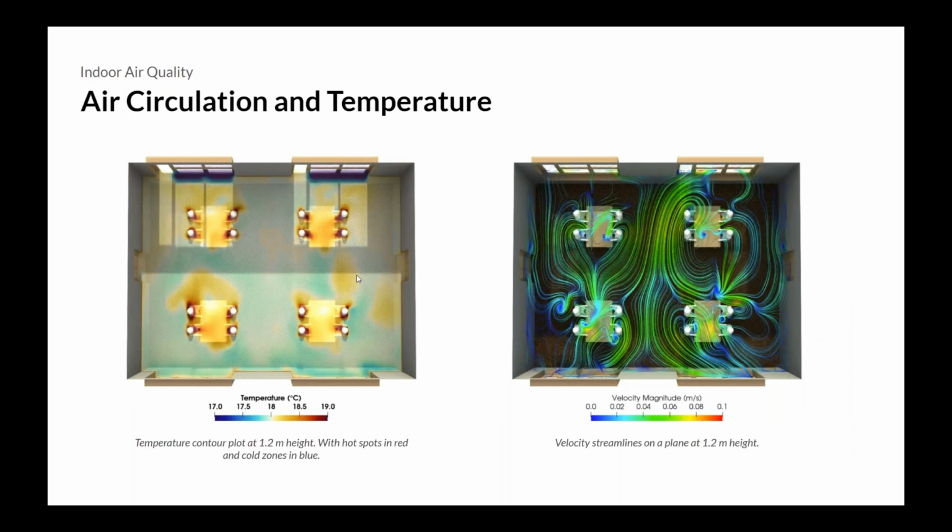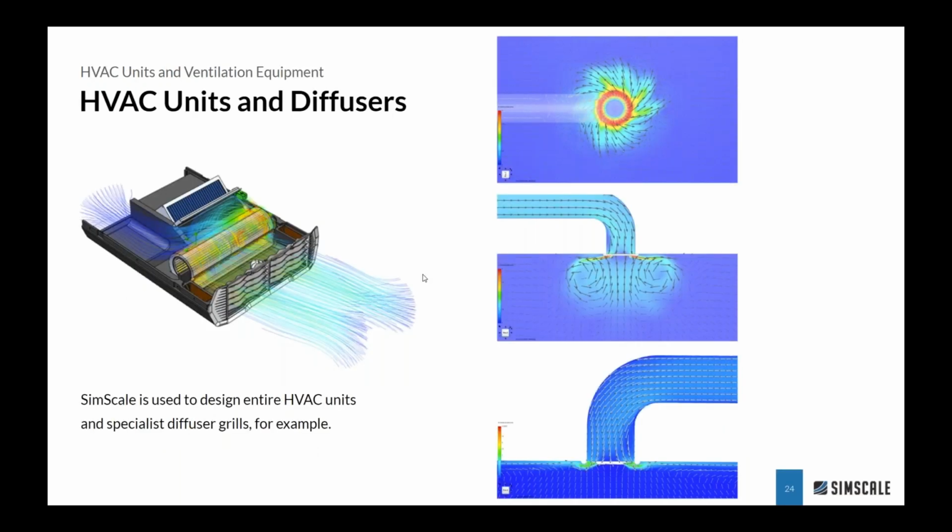And as another example, what we can see here is the temperature and velocity distribution at a horizontal slice through the room, so that we can see how each individual occupant would feel with respect to temperature and the local airflow distribution around them.